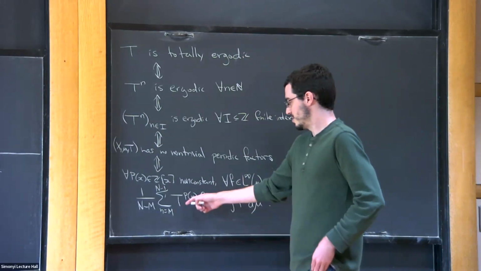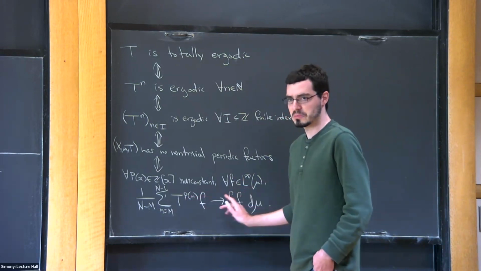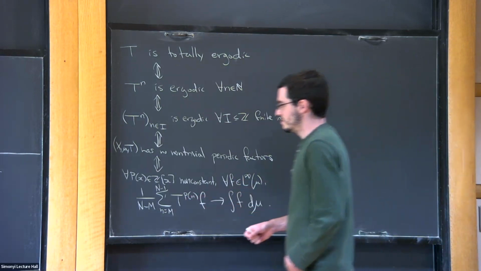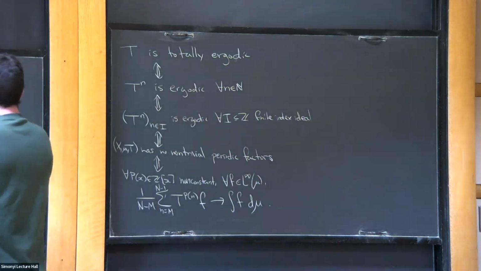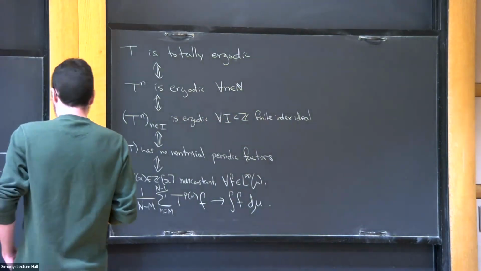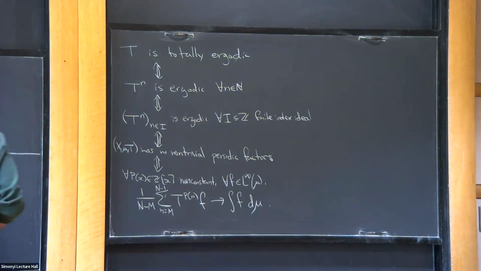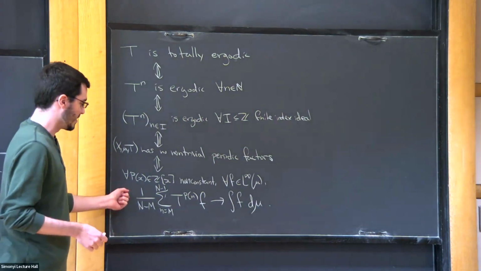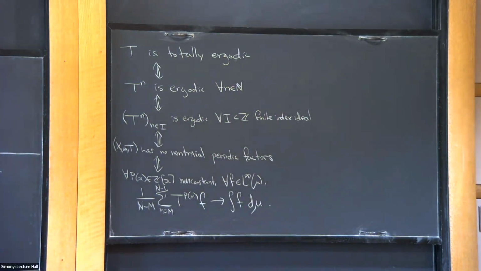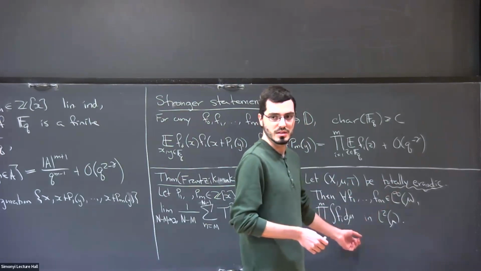So if we look at the action along this polynomial, it looks ergodic. Okay, so maybe this last statement is really the role that total ergodicity is playing here.